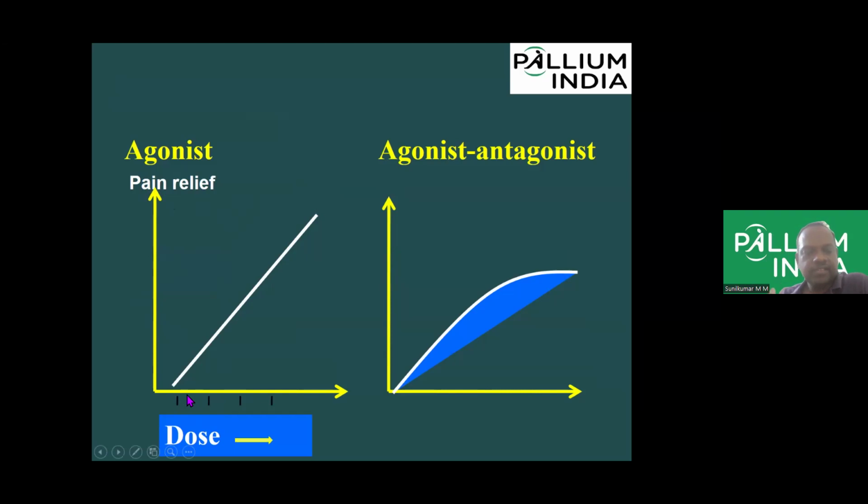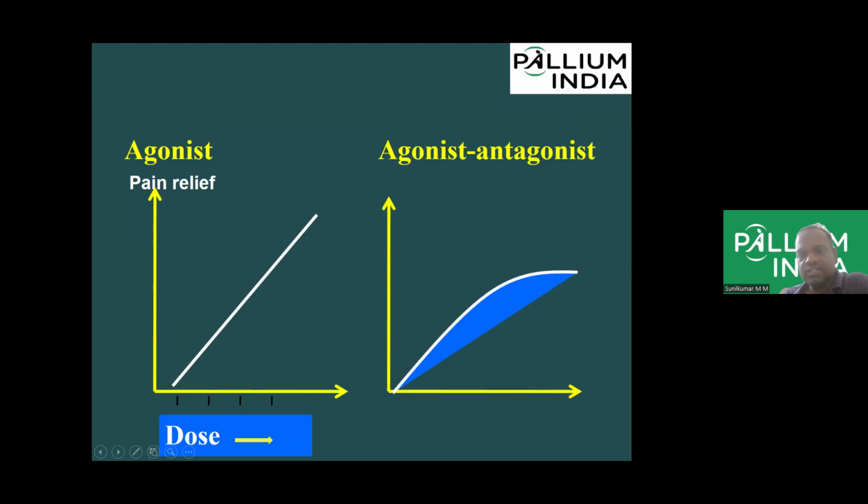When you give a small dose of morphine, it will give this much pain relief. And when you increase the dose, the pain relief would increase. And when it reaches here, it will give complete pain relief. That means as the dose of the opioid agonist is increased, there would be corresponding pain relief.